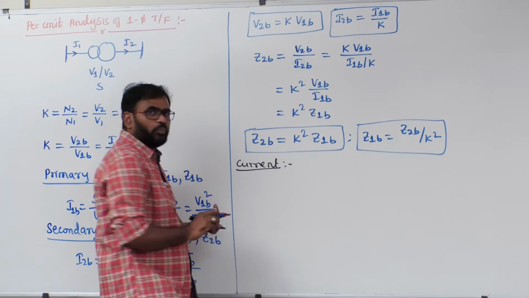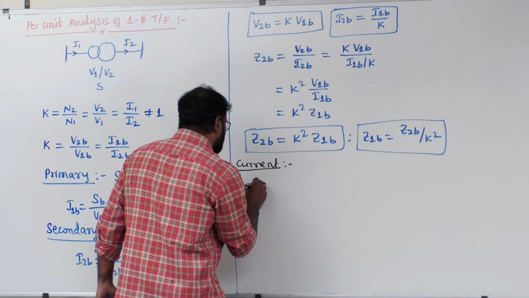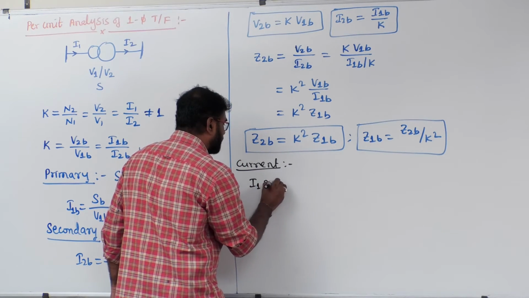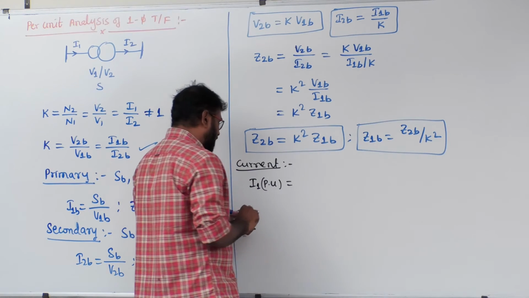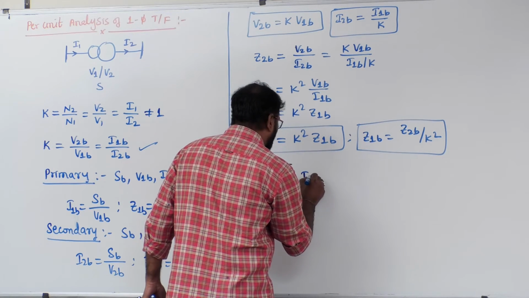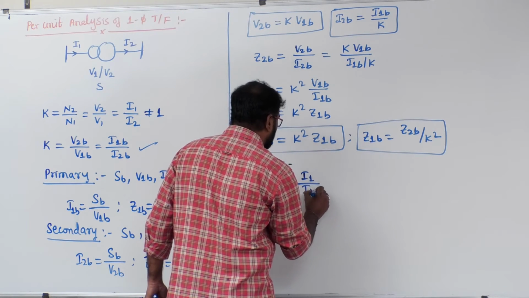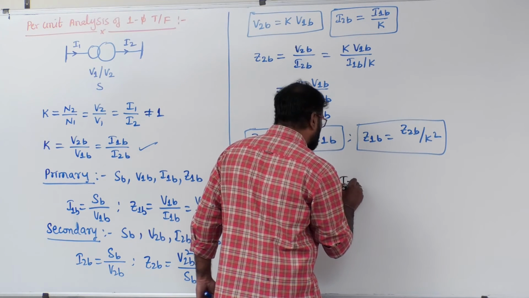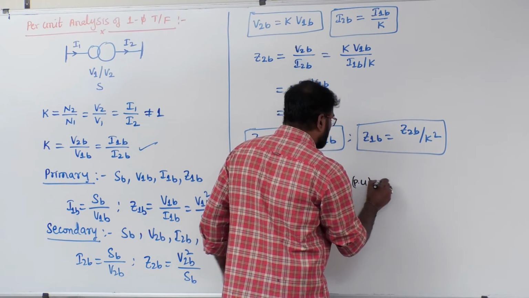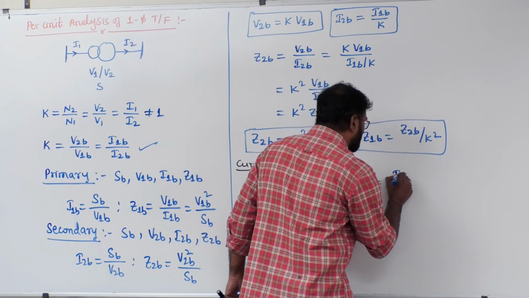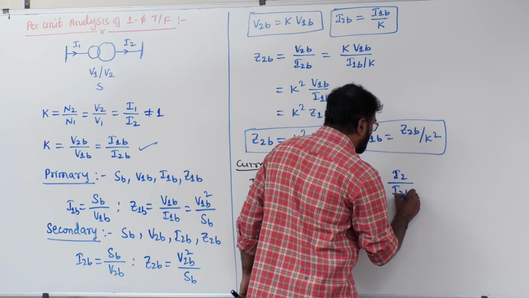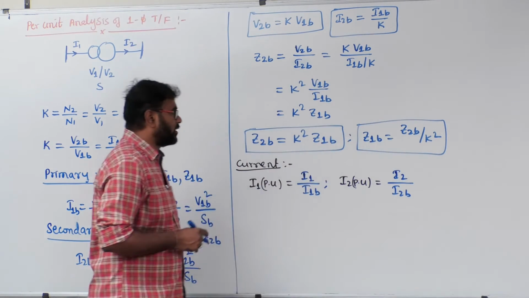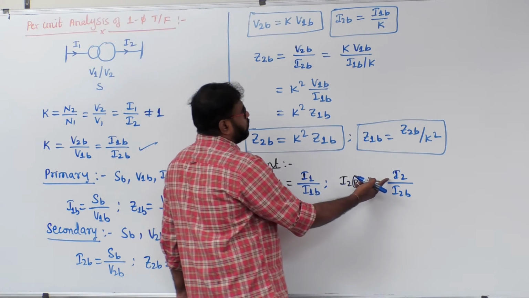Now first we will define current. On the primary side, what is I1 per unit? It is I1 actual divided by I1 base. Similarly, I2 per unit is I2 actual by I2 base. But what is I2?